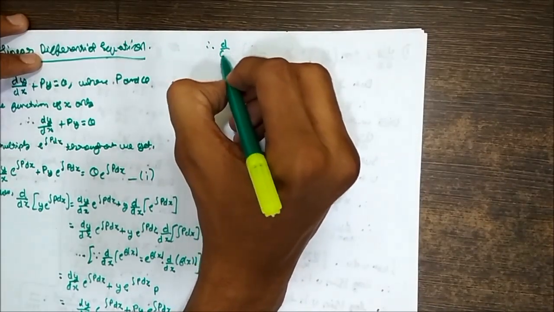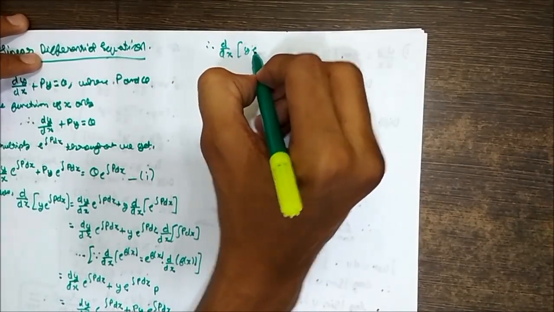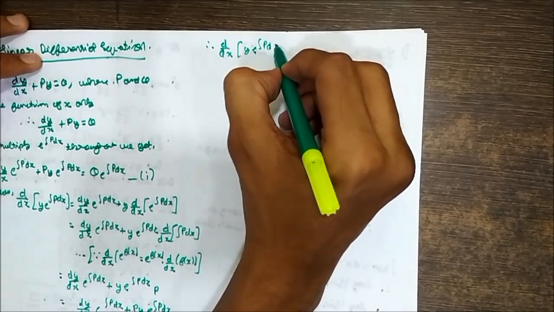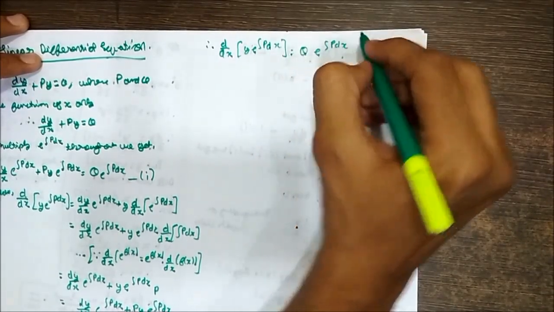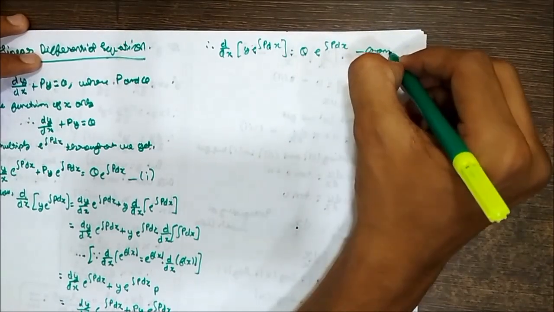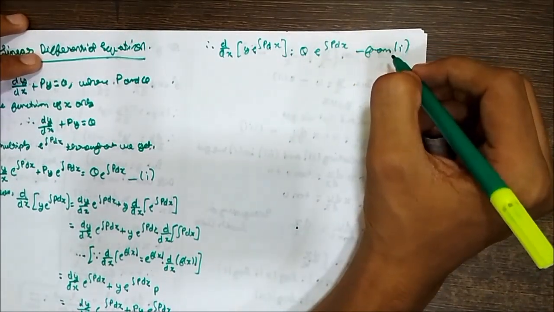Therefore d by dx of (y e^(∫p dx)) is equal to q e^(∫p dx).